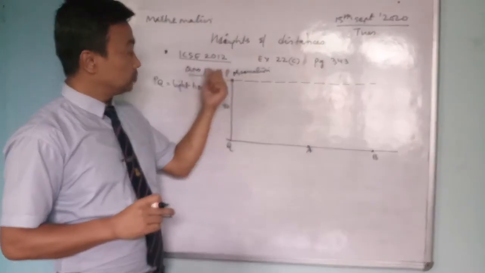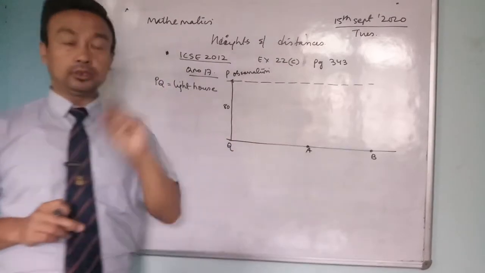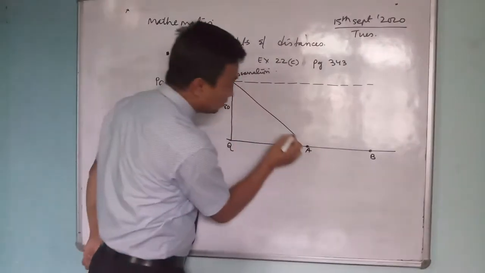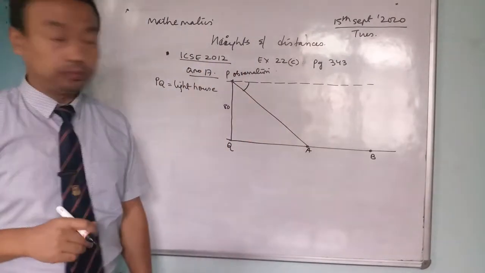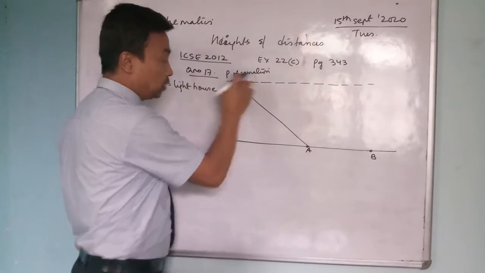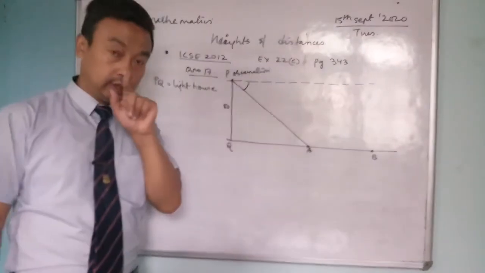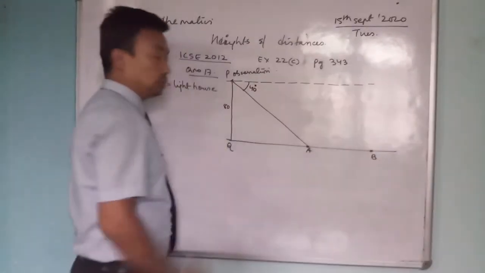Now you are observing these two objects, so obviously you will make two angles of depression. The first ship is nearer, so this will be a greater angle. The two angles of depression given are 30 degree and 40 degree. Keep in mind it is 40 degrees, so let us take this to be 40 degree.